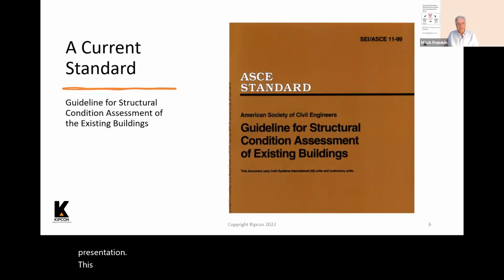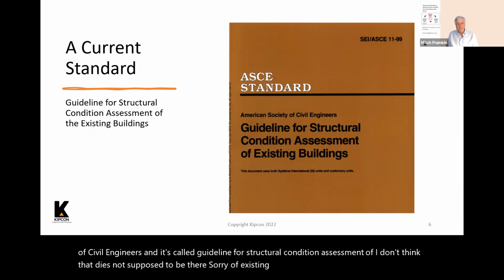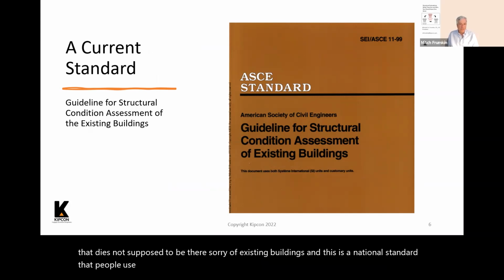There's a current standard that's used across the country. It's put out by the American Society of Civil Engineers, and it's called Guideline for Structural Condition Assessment of Existing Buildings. And this is a national standard that people use for providing assessments of existing buildings. The presentation I'm giving you is based on this.